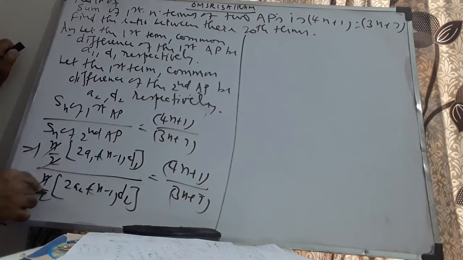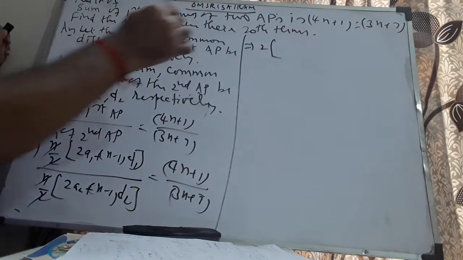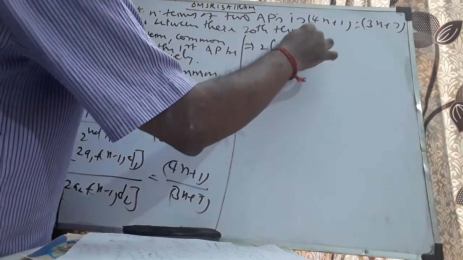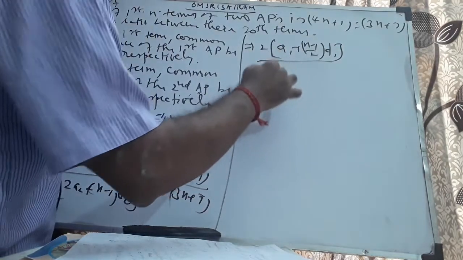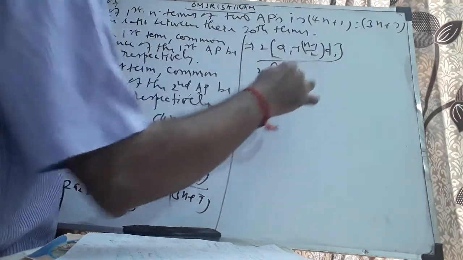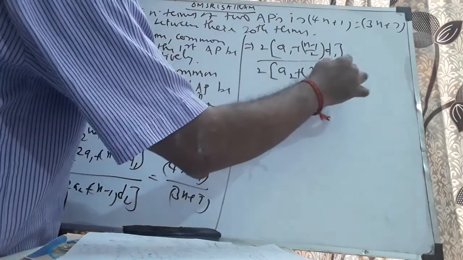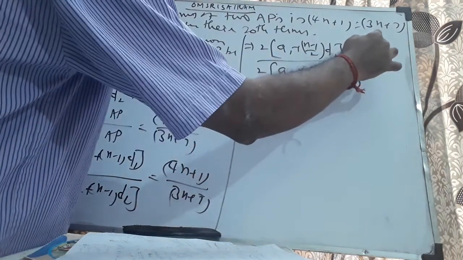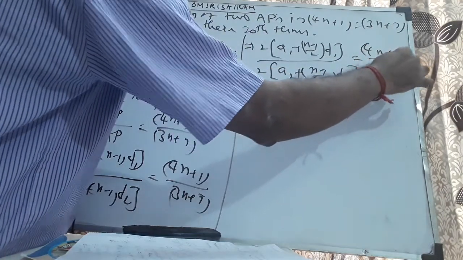Here n gets cancelled, 2 gets cancelled. Let me take 2 as common in both numerator and denominator: a1 plus n minus 1 by 2 into d1 divided by a2 plus n minus 1 by 2 into d2 is equal to 4n plus 1 by 3n plus 7.